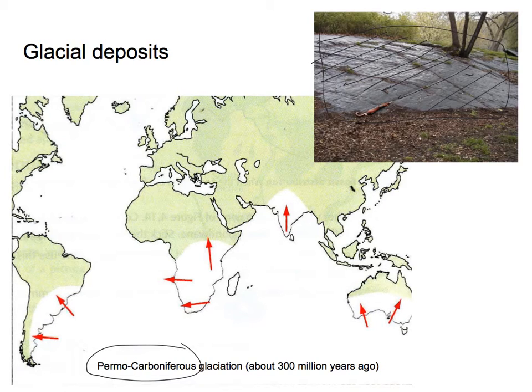So either we have the massive worldwide glaciation going from the poles to the equator, which we know has happened a few times in Earth's history, or India was somewhere else, more susceptible to glacial formation.